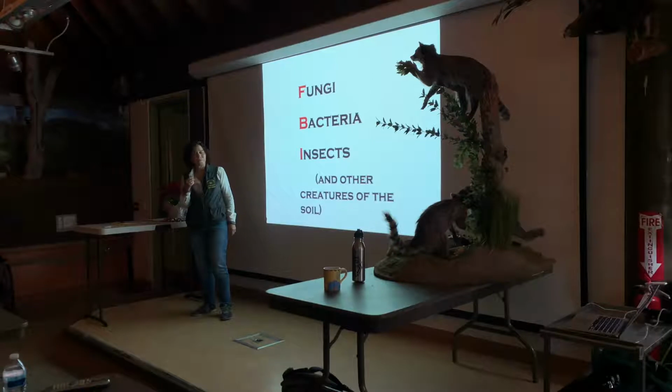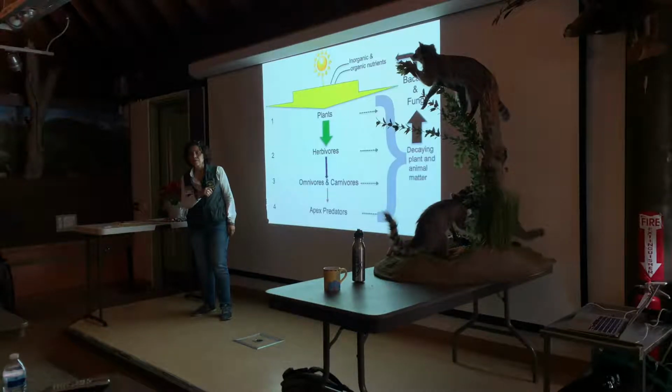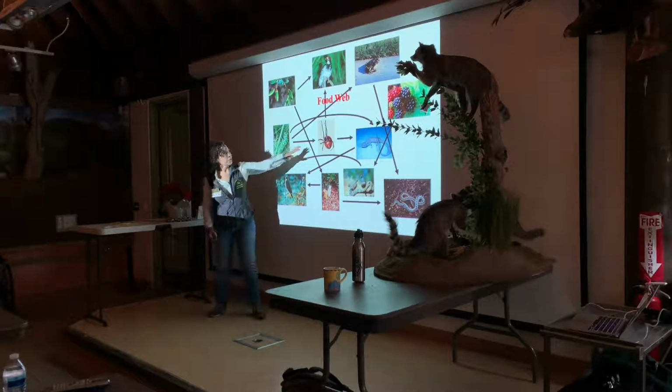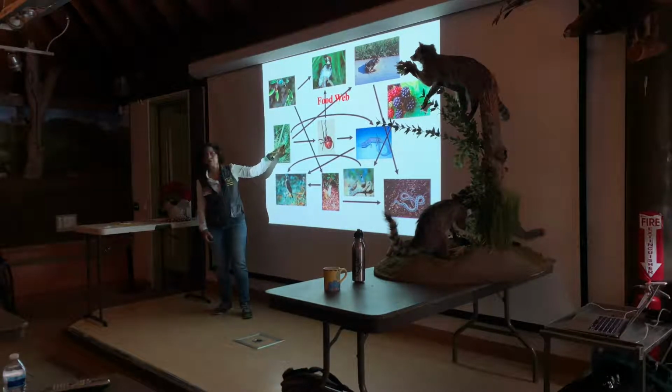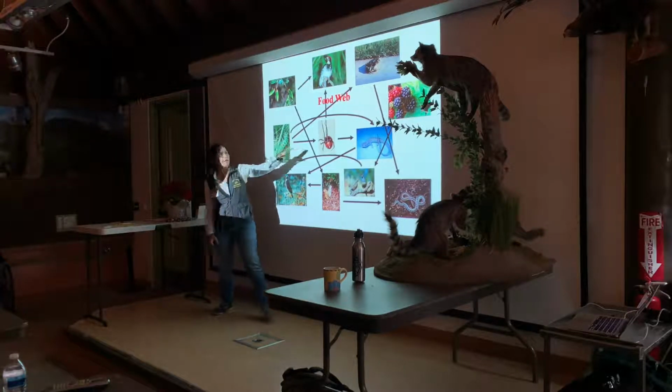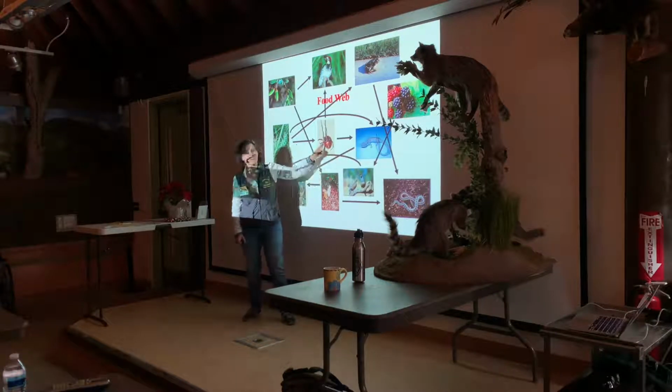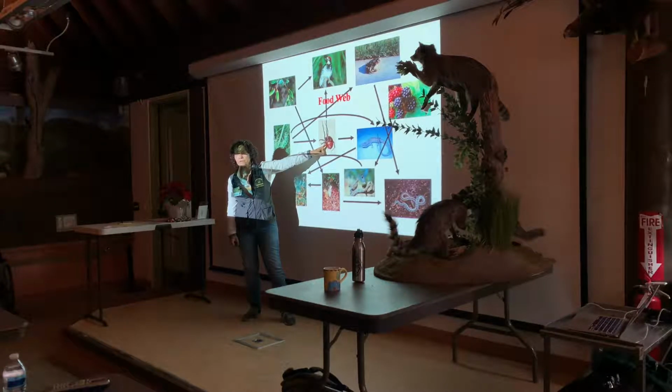Question? Oh yes. Unless I missed it, what's the apex predator? Okay, the apex predators are the top predators, or the third level predators. So in this picture, this spider is a predator on this herbivore, and then this lizard is a predator on the spider, right?